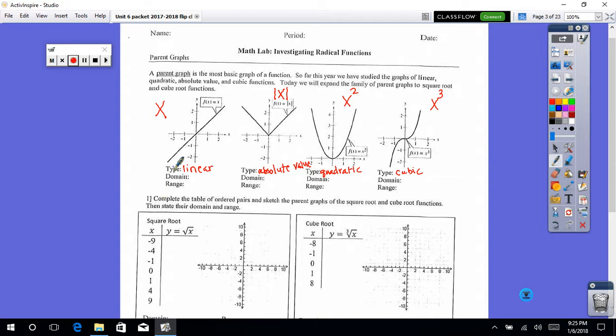This linear graph has a domain that goes from negative infinity to positive infinity. It never stops. Remember, domain is left to right, so it is going on forever to the left and forever to the right. Our absolute value graph does the same thing. It goes on forever to the left and forever to the right.